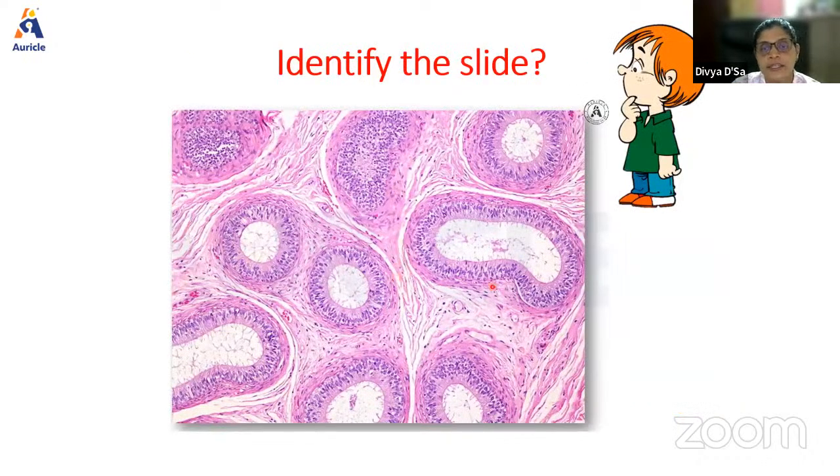Here, we are seeing again many cut sections of tubules. Inside, we are seeing some structure, isn't it? And this epithelium is lined by pseudostratified columnar epithelium. Here you can see one kind of line, isn't it? That line is stereocilia, okay?